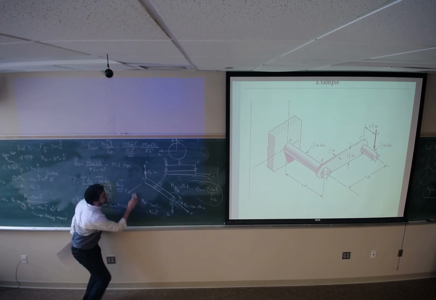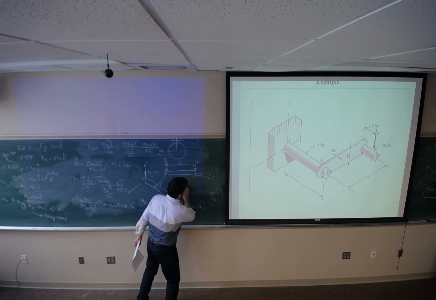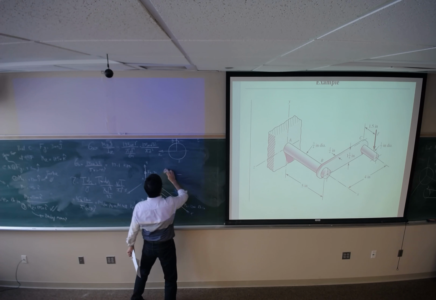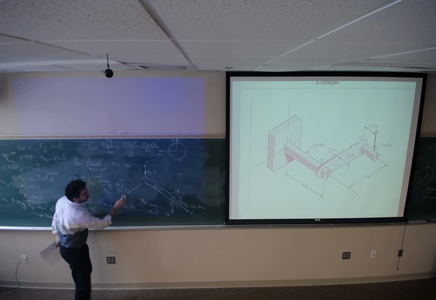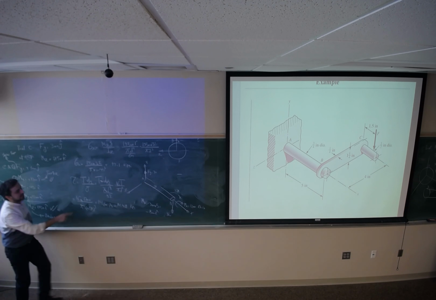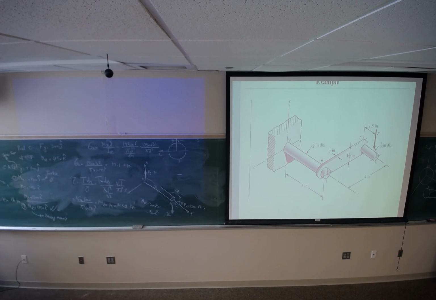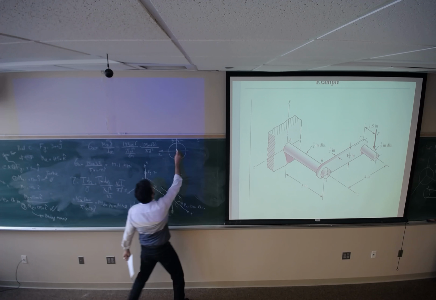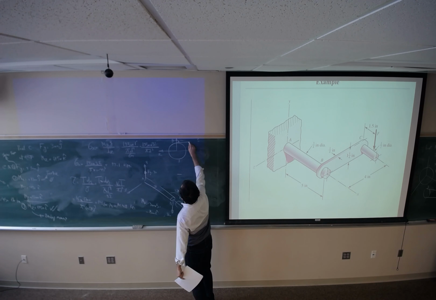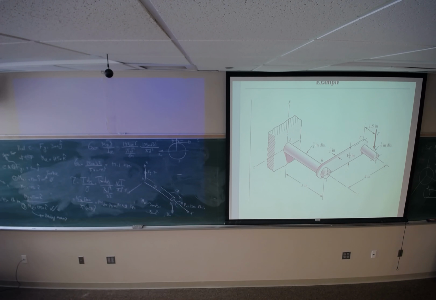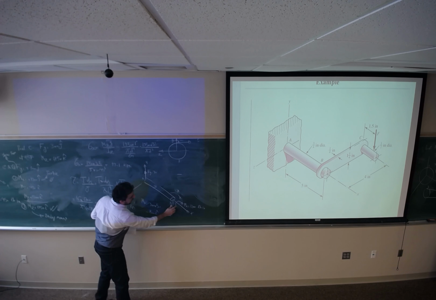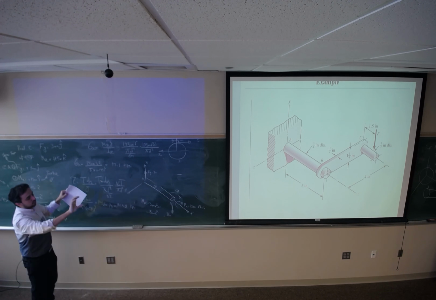All right. Let's continue on this. 14.48. And if I ask you what would be the direction of torsion, just look at Mx. It is making torsion in this direction.